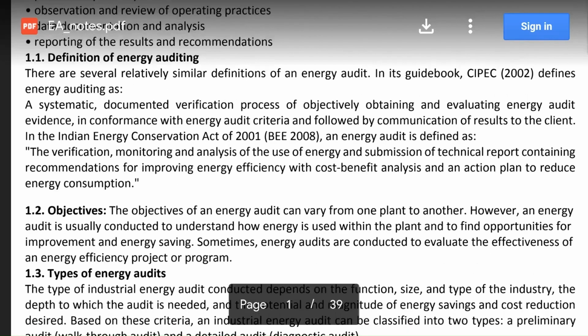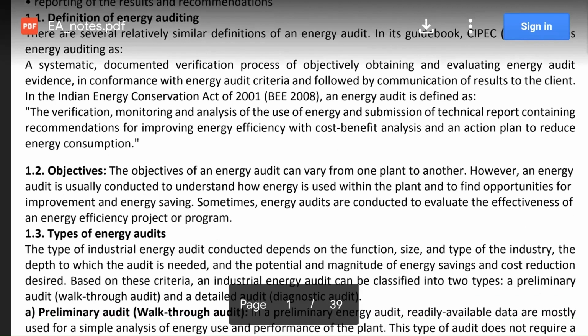First of all, the definition of energy auditing. Although there are several definitions available, a few are popular and a few are related to our Indian government.